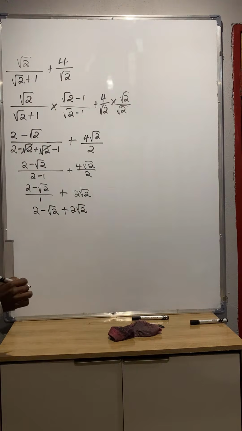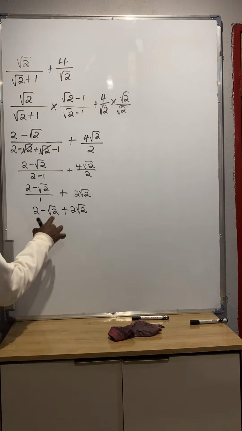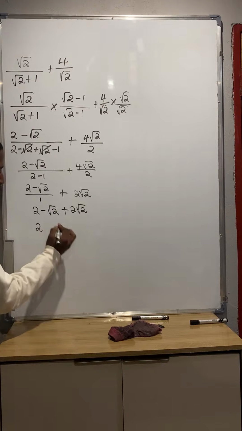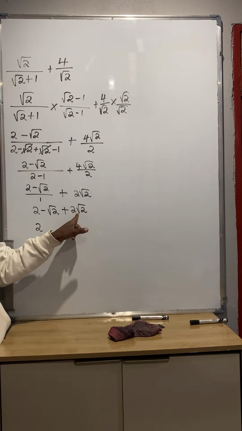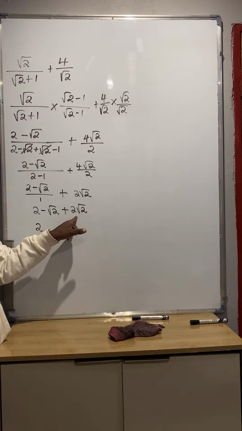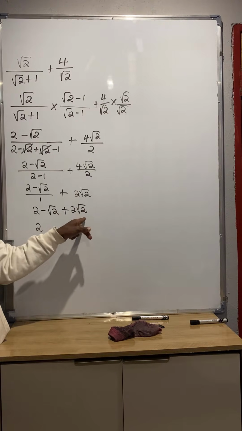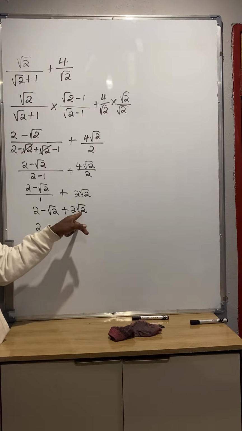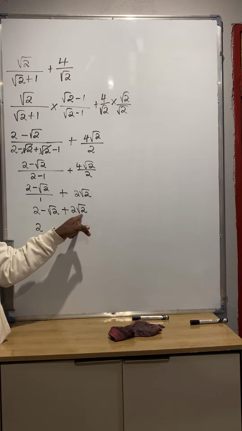Then, like terms, family, like terms. You have only 2 square roots of 2. Only square root is 2, say 2.